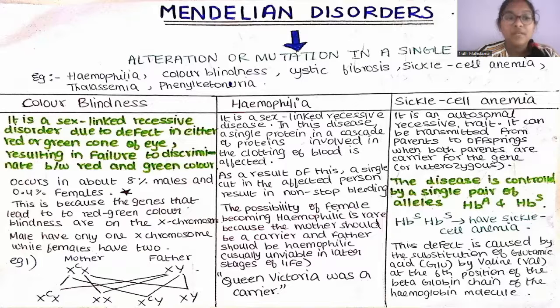Now, one by one, first we have color blindness. What is really important for all the diseases is to note whether they are autosomal or X-linked, and whether they are dominant or recessive. That is very important. First, color blindness is an X-linked recessive disorder.